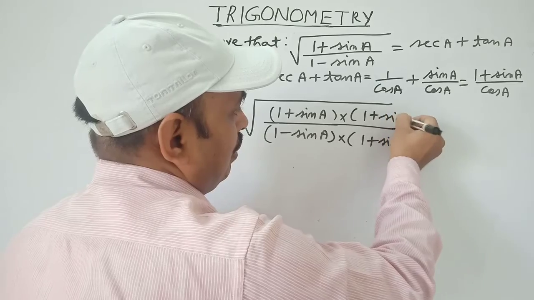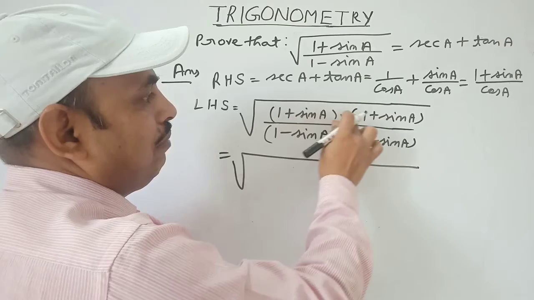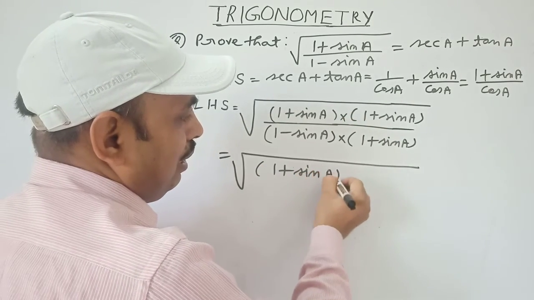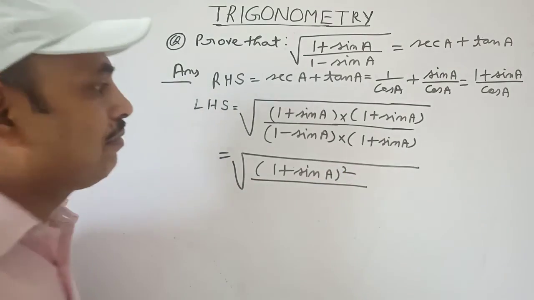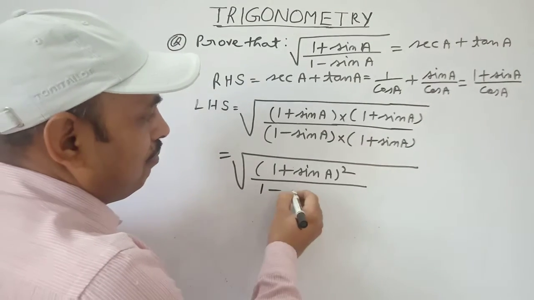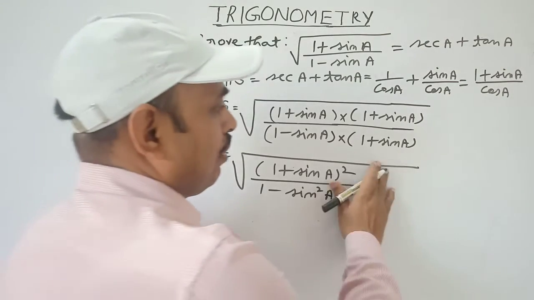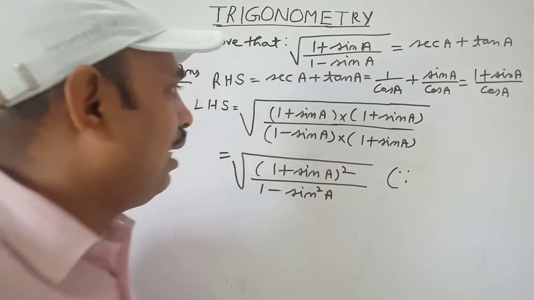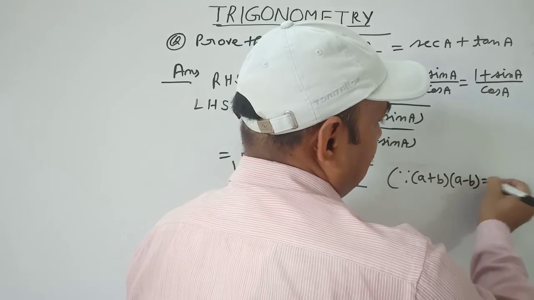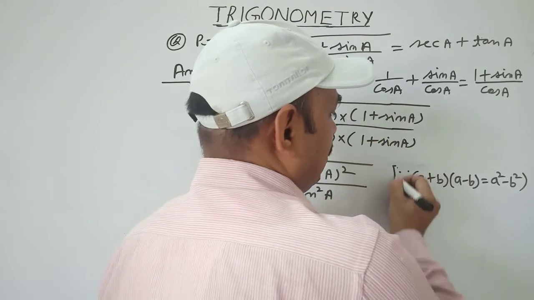In the numerator it becomes (1 plus sin A) multiplied by (1 plus sin A). So this is equal to (1 plus sin A) whole square divided by (a minus b) into (a plus b), a square minus b square, 1 square is 1. So we have used the identity (a plus b) multiplied by (a minus b) equals a square minus b square.